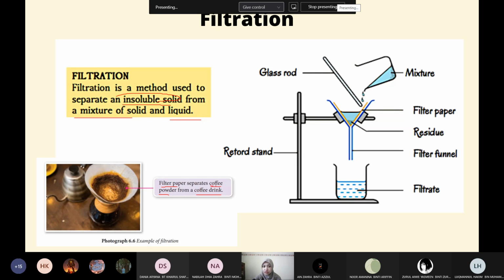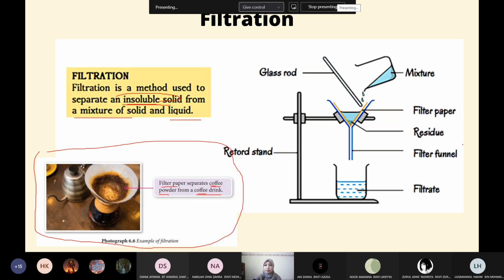So coffee powder is our insoluble solid, and coffee drink dekat bawah ni lah. So this is our example of a separation method yang kita hari-hari guna. We use this method in our daily life. So this is filtration.